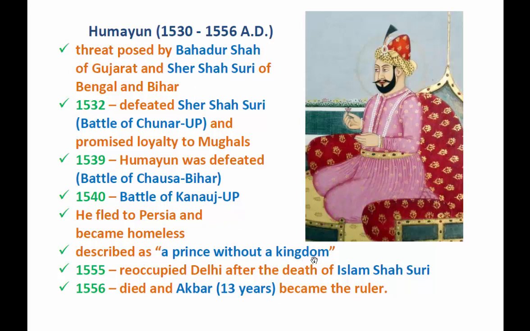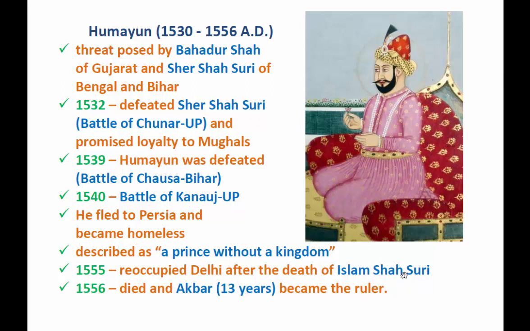When he fled to Persia, there was nobody to look after the kingdom, so he was described as a prince without a kingdom. But in 1555 AD he reoccupied Delhi, after the death of Islam Shah Suri, the son of Sher Shah Suri.